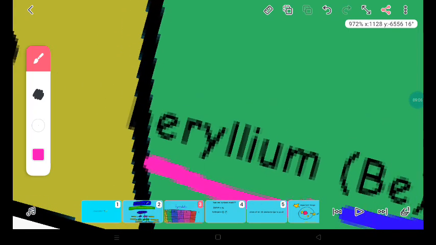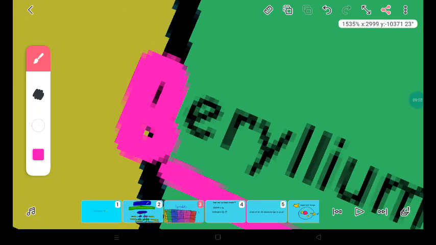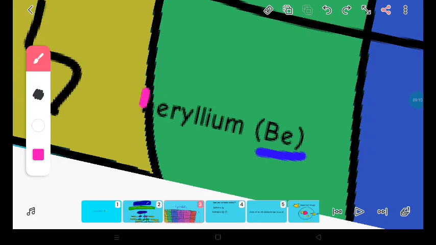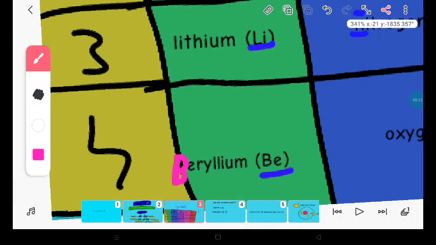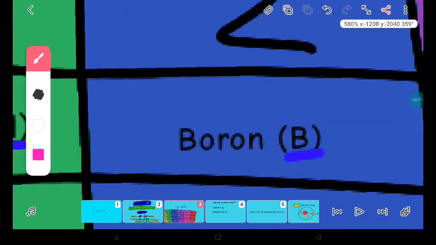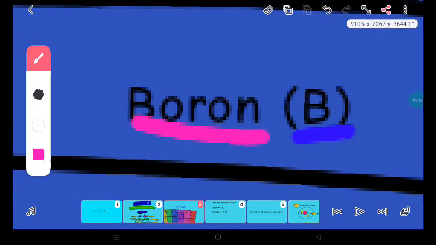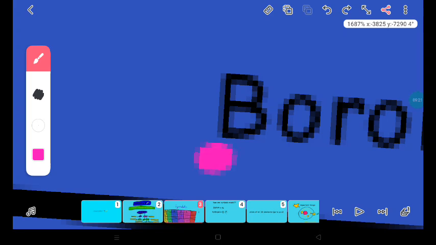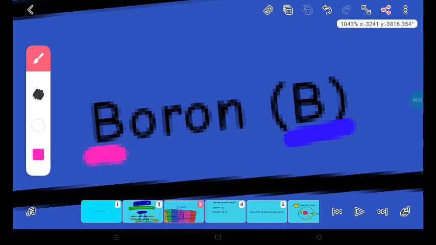So for the people who didn't understand, let me explain to you. Scientists discovered boron. Boron was the first element starting with B to be discovered.